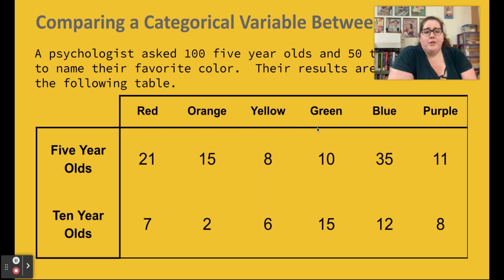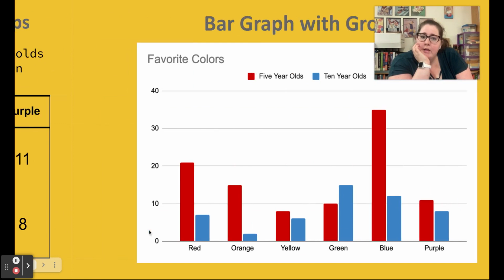So we have red, orange, yellow, green, blue, and purple as options, or maybe those were just the colors that the 5-year-olds and 10-year-olds mentioned. They weren't very specific. It's hard to tell whether they really just used these 6 colors or if the psychologist gave them options that were these 6 colors, or if he like generally put them in groups. But either way, here's our data for 5-year-olds and 10-year-olds.